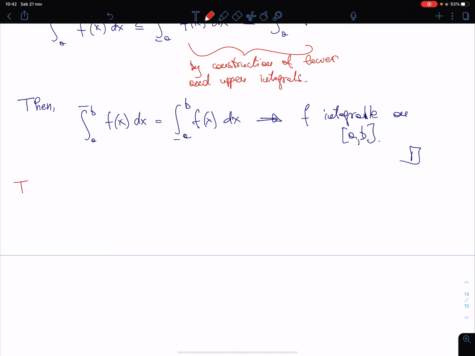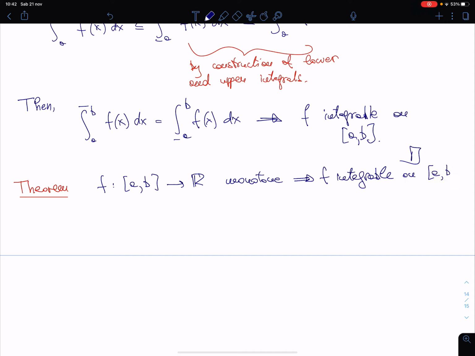So theorem. A function f from AB to R monotone, then f is integrable on A, B. Okay.